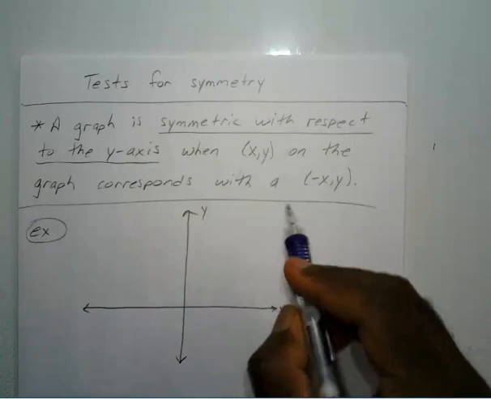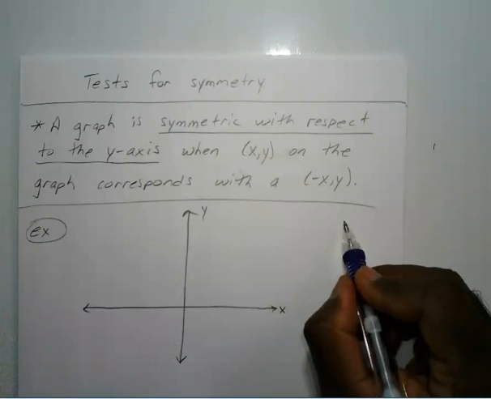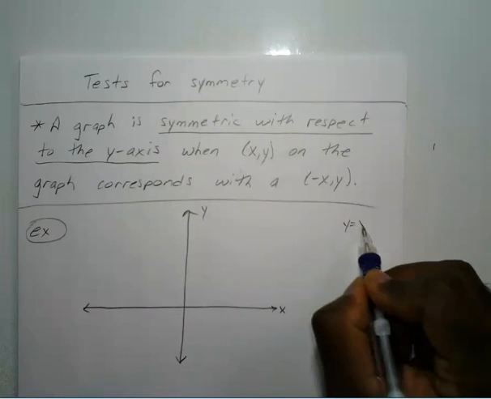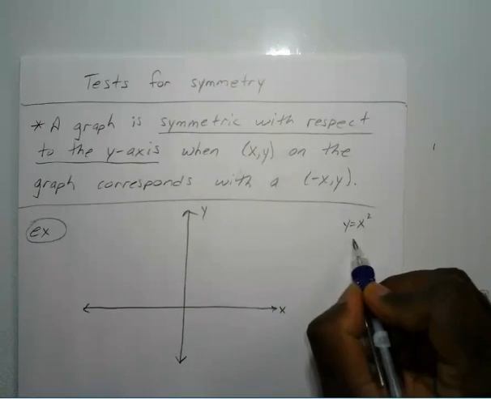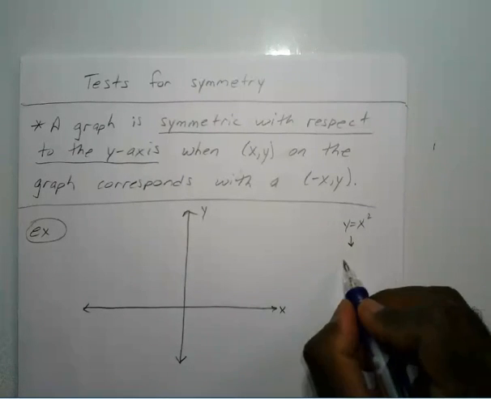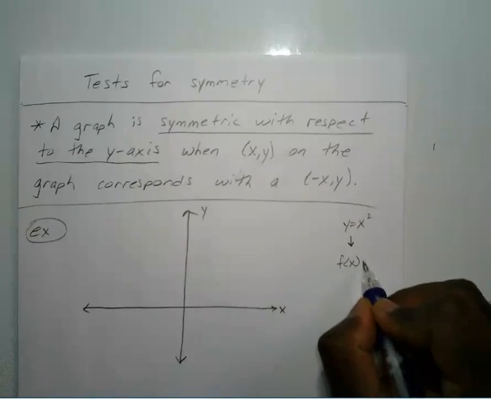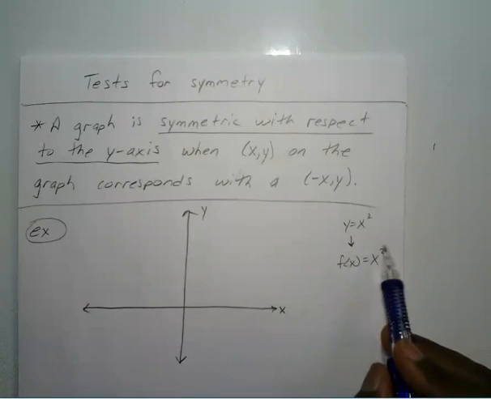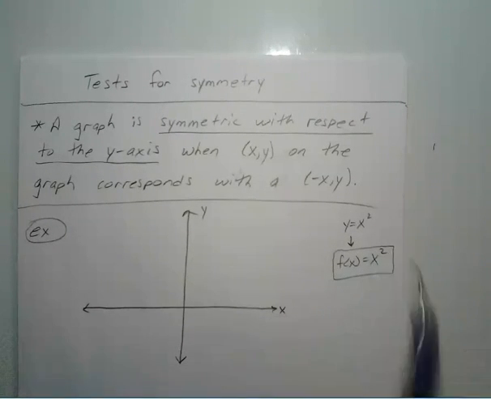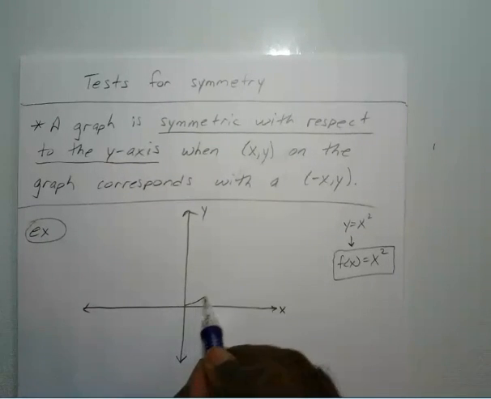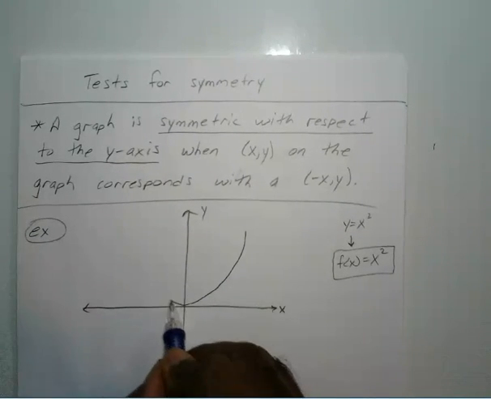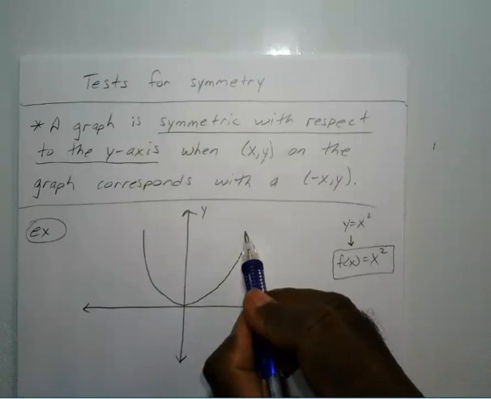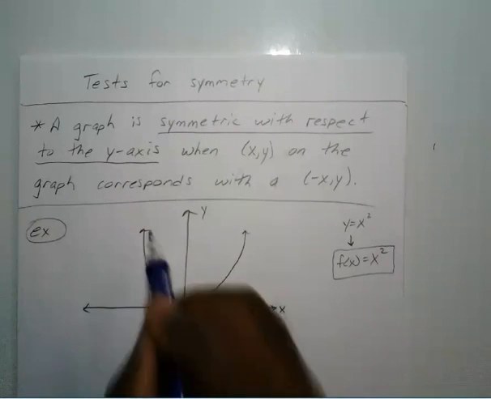Now let's say we wanted to graph y equals x squared, which we're going to rewrite as a function, f of x equals x squared, just to get used to seeing it written this way. The graph of y equals x squared looks like that.